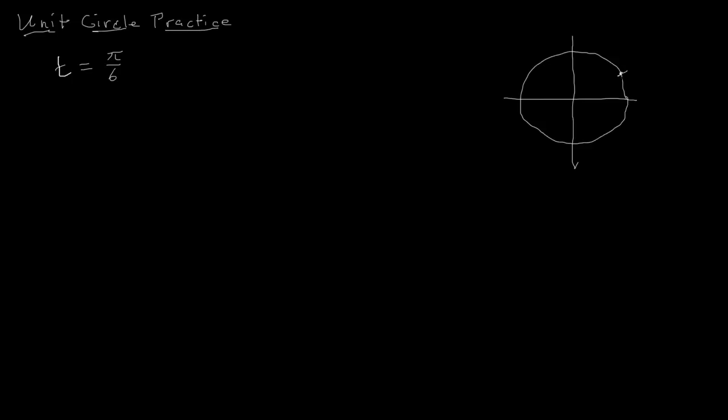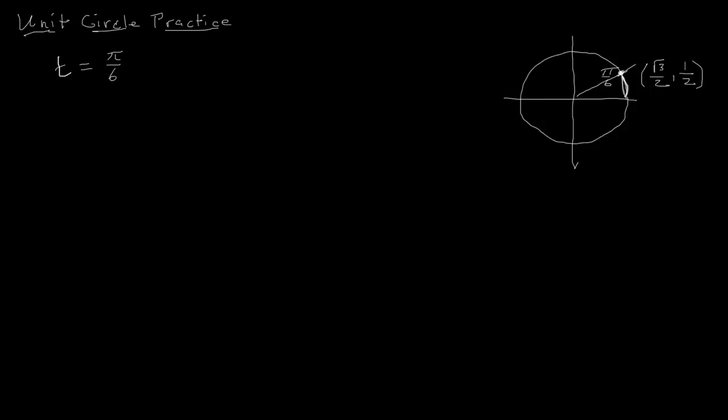This is where pi over 6 lies. Its terminal side looks like that. And the coordinates for this point on the unit circle, again, pi over 6 is how long that arc is, are root 3 over 2, 1/2.